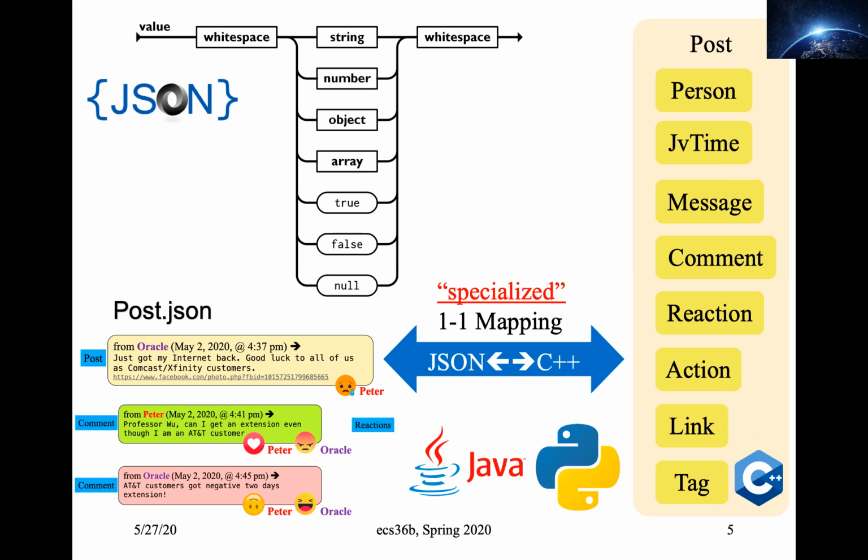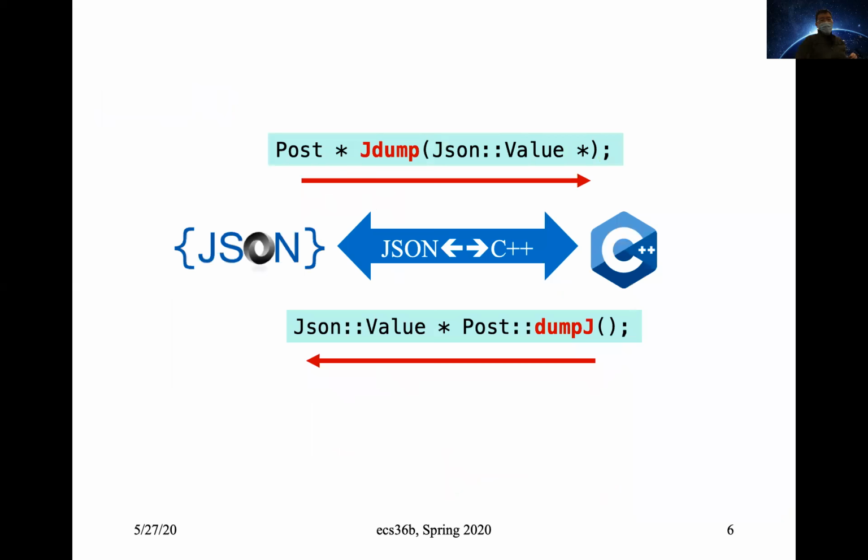I asked you to do something we call dumpj, where one side represents a set of C++ classes that represent a typical social media interaction, and you generate the JSON format, which represents exactly the same information. For homework 5, you implement dumpj, which goes from the C++ world to the JSON world.